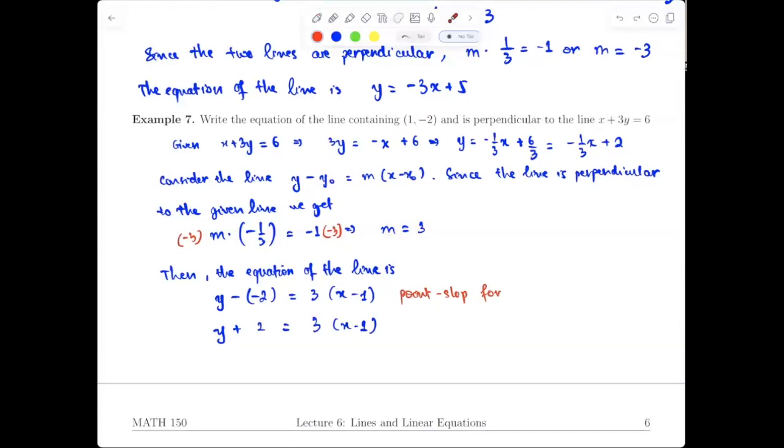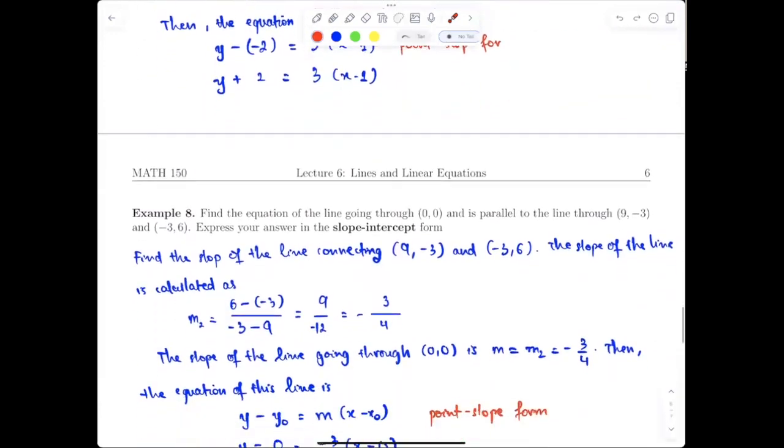And this is in fact the equation of the line, given that y0 is equal to -2 and x0 is equal to 1. There are no further instructions saying that you need to convert this into the slope-intercept form, so this should be the final answer.